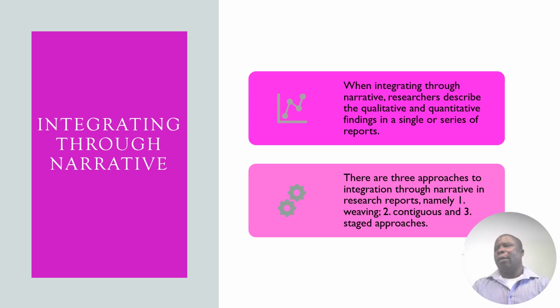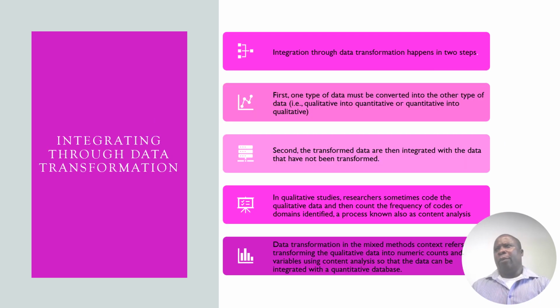You just do your study immediately, analyze, publish the results. Then you go to quantitative, analyze, publish the results. That is what we call a staged approach. And most students, as I have highlighted, normally use the weaving approach.